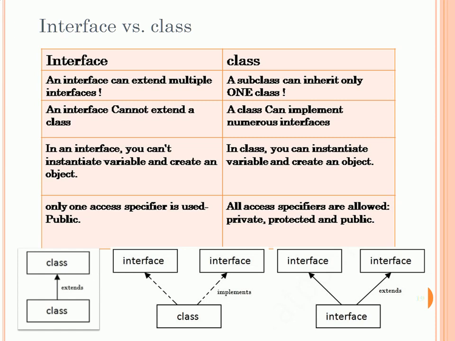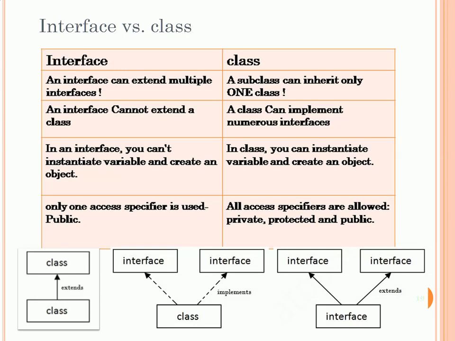In an interface, you cannot instantiate variables or create objects. However, it's not the case in classes. We can create objects from any class. In an interface, only one access specifier is allowed, which is public. In classes, as we studied before, we can use all access specifiers: private, protected, and public.